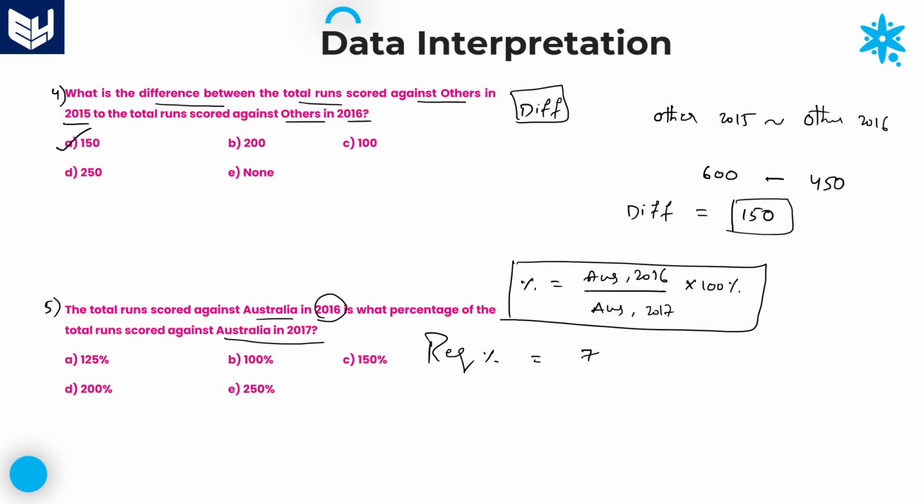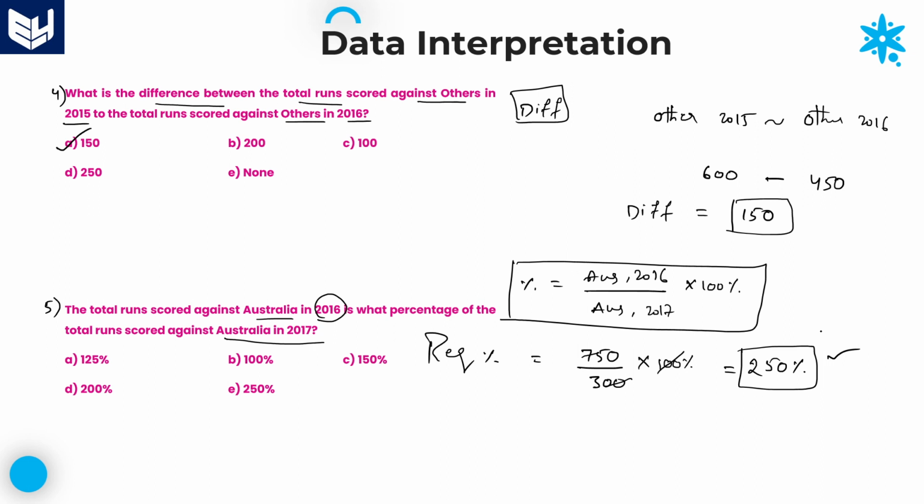Numerator value 750 divided by denominator value 300 into 100 percentage. Here two zeros get cancelled, and then you can cancel with the 3 table. 3 times 250 is 750. Therefore, our required percentage is equal to 250 percent.